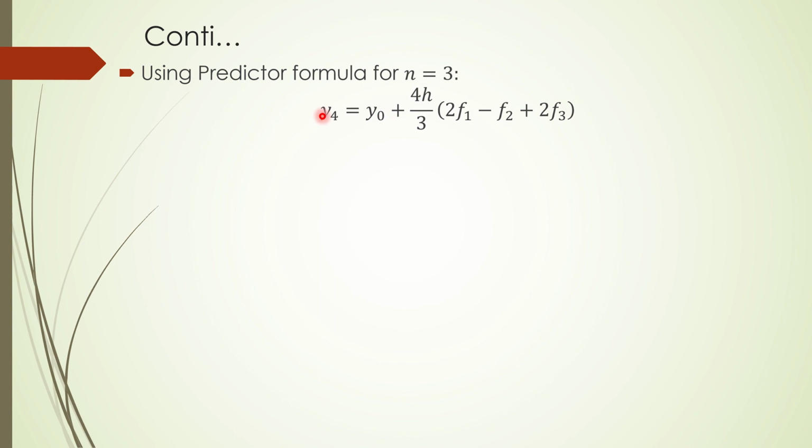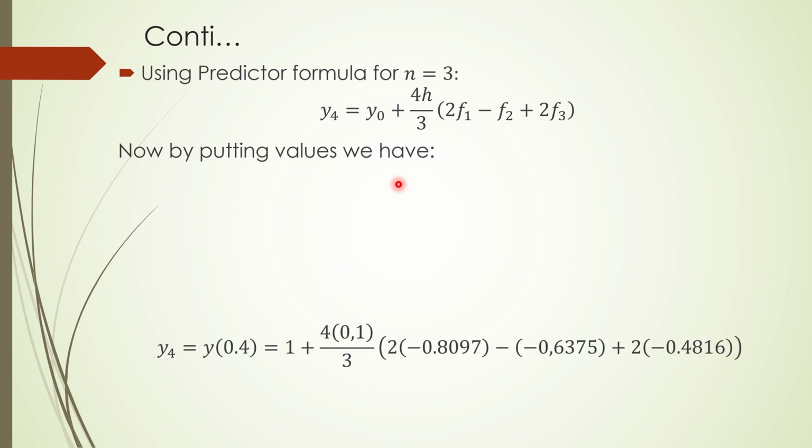So what would we do? We need to find the predicted value at n equal to 3. So that is y4 equals y0 plus 4h by 3 times (2f1 minus f2 plus 2f3). You see, we are not using f0 anywhere, we are using f1, f2, f3. As I said, I'll call f1 as A, this is my B, this is my C, and h is taken as M. I'll be using y0 as simply Y. But in one step I'll be using y0, and in another step I'll be using the value y2.